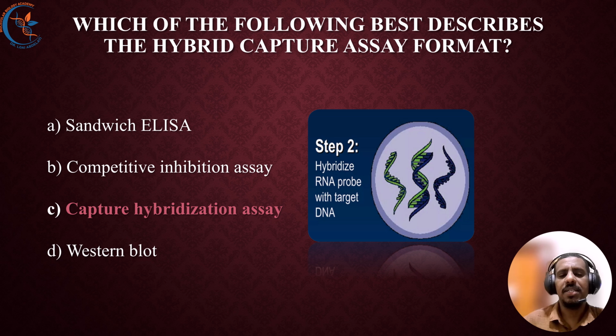The correct answer is capture hybridization assay. Hybrid capture assays work by hybridizing target nucleic acid with specific probes. Once bound, they are detected using antibodies, making the process highly sensitive for molecular diagnostics.